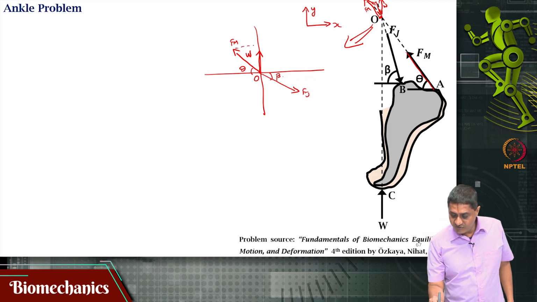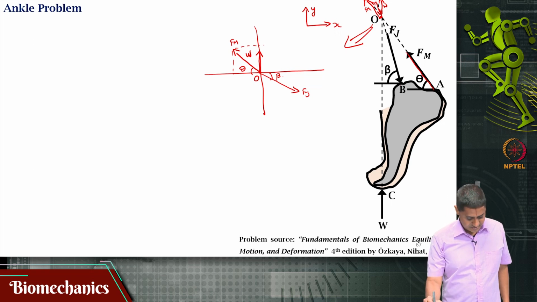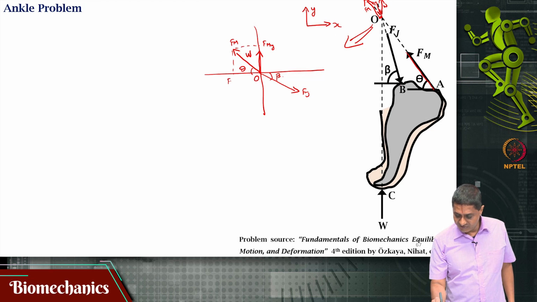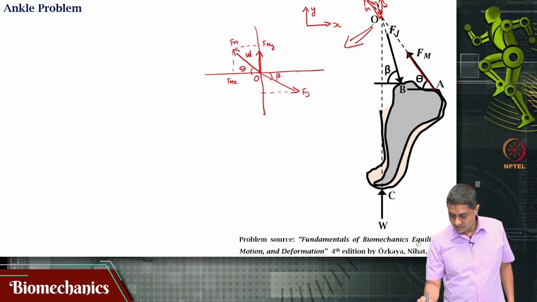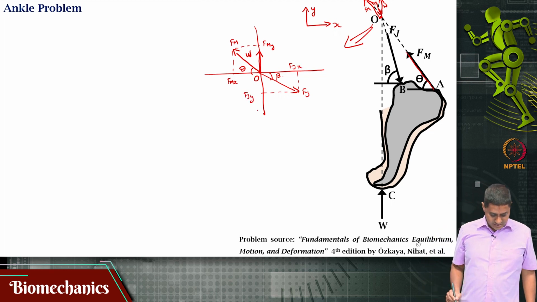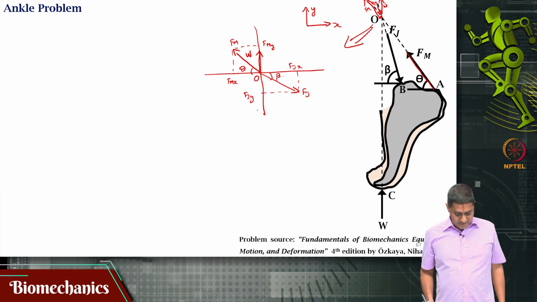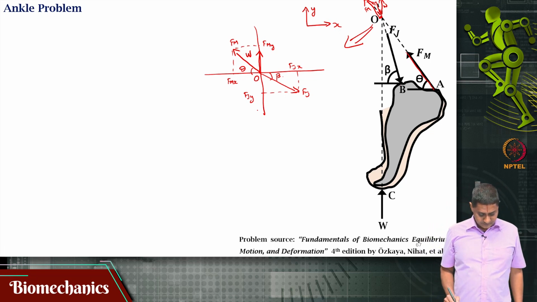Now, this Fm will have an x component and a y component. Okay. So, that will be Fmy and this will be Fmx and this will be Fjx and this will be Fjy. All right.